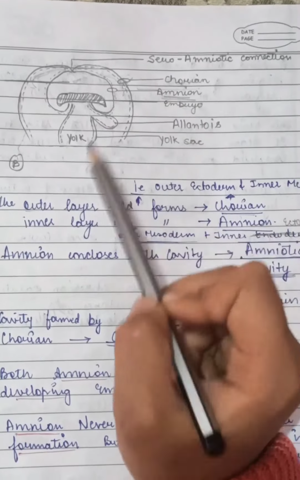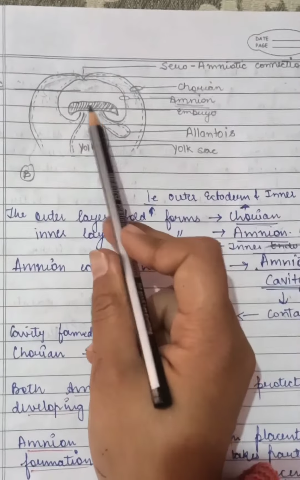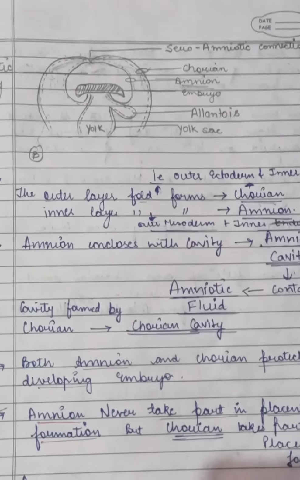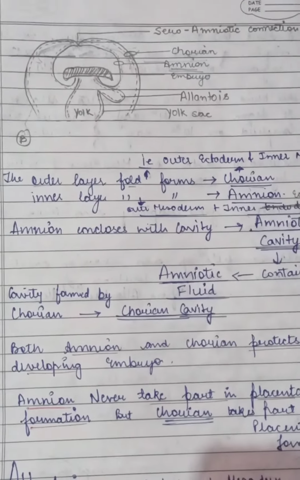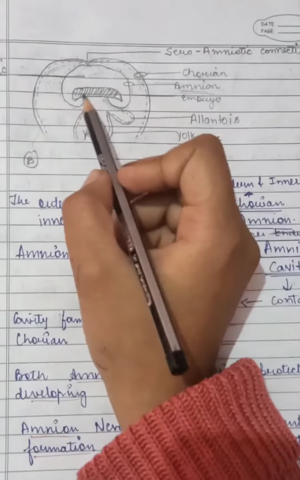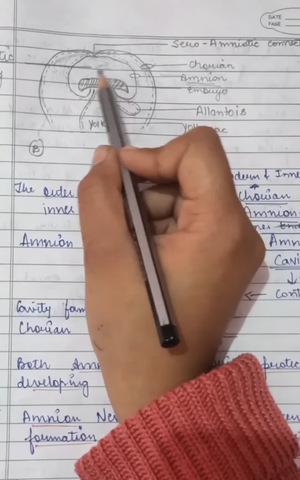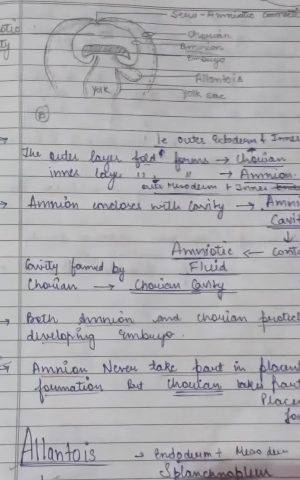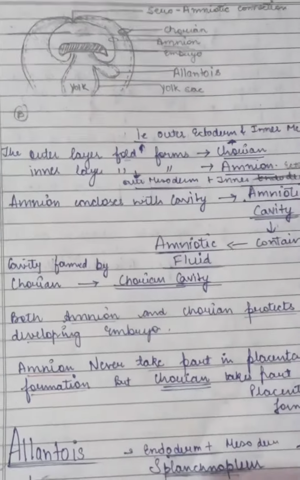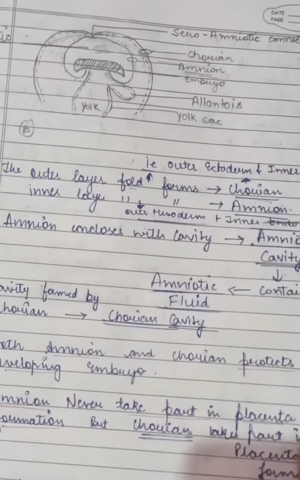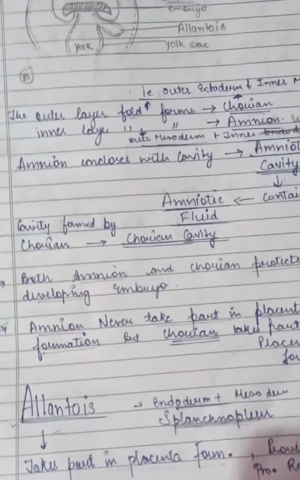The amnion encloses a cavity known as the amniotic cavity. This is the amnion and this is the cavity, known as the amniotic cavity, and it contains amniotic fluid, which is very important, and it protects the developing embryo. Both amnion and chorion protect the developing embryo.